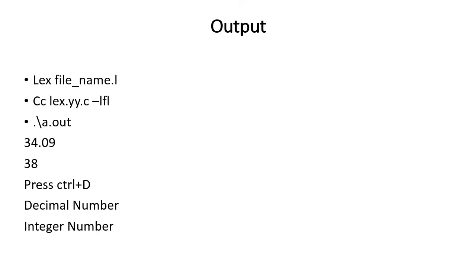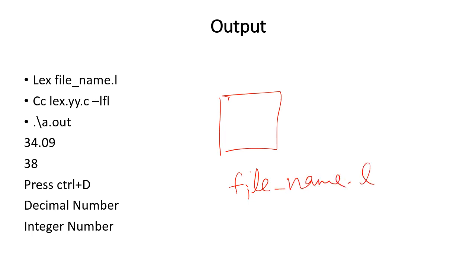Once this program is written in a particular file, let's suppose the file is stored with a file name .l. Now what we write on the terminal is the command lex, space, file name dot l.